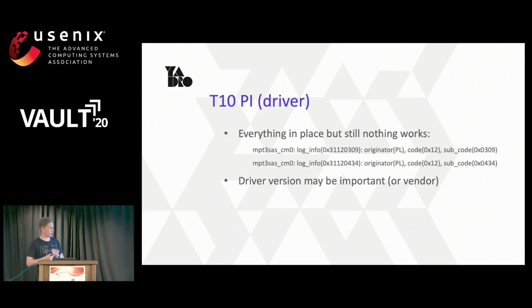The first idea was that we have some old driver in the kernel, but then we compared the source code and found out that in the kernel, you simply don't have data integrity field support for this driver in upstream, but we have this in the vendor driver. Why it's here, I don't know, and why the upstream driver allows enabling the data integrity field while it doesn't have data integrity field support, I don't know again, but the driver from the vendor works fine.